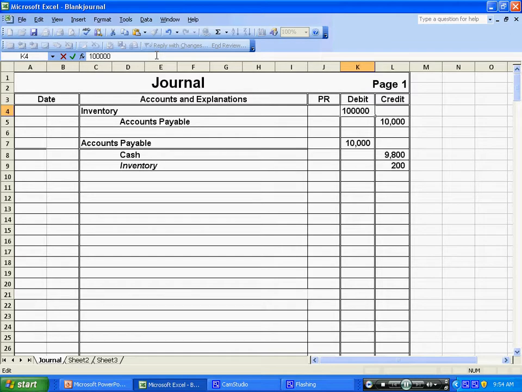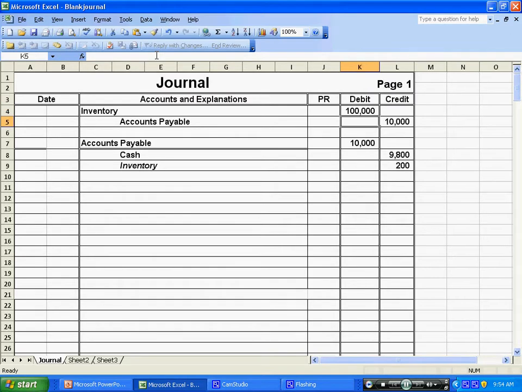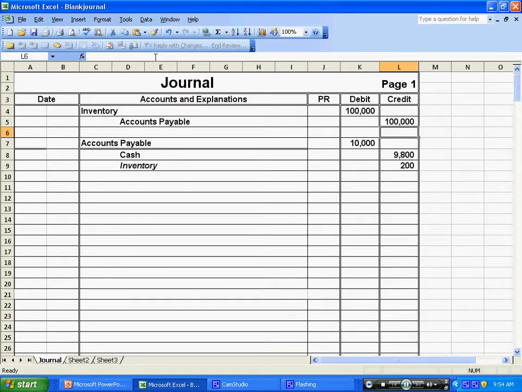How much must Toys R Us pay Lego if it's after the discount period or within the discount period? Let's walk through the entire example, starting on slide 10. Okay, we're going to debit our inventory for $100,000. We're going to credit our accounts payable for $100,000 because we purchased inventory on account.